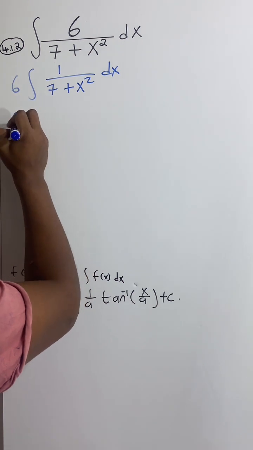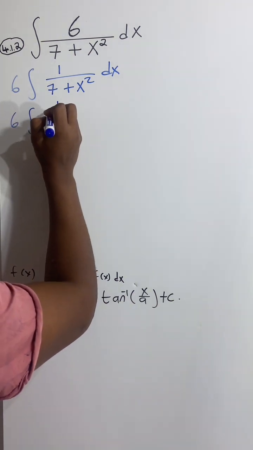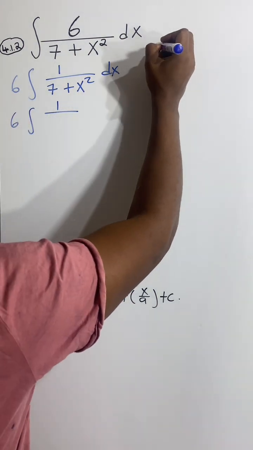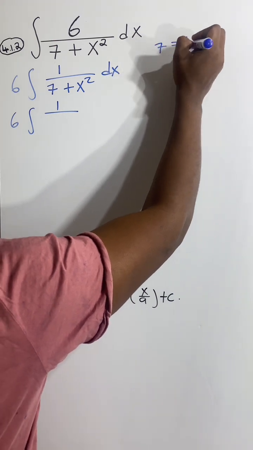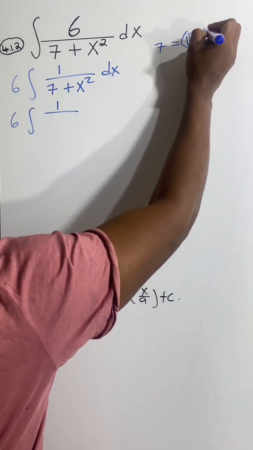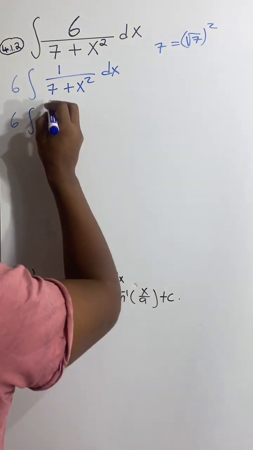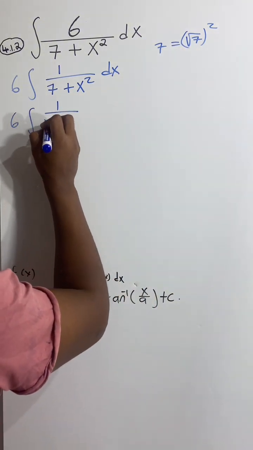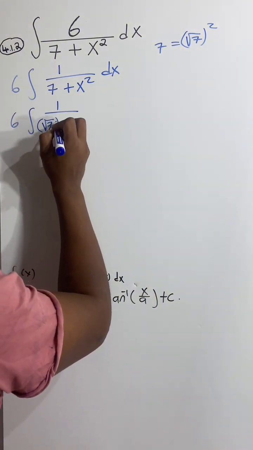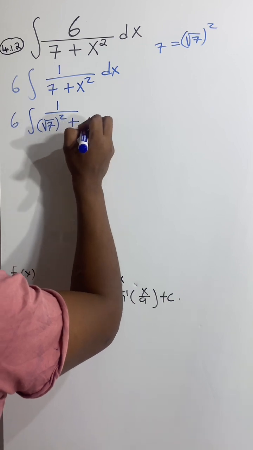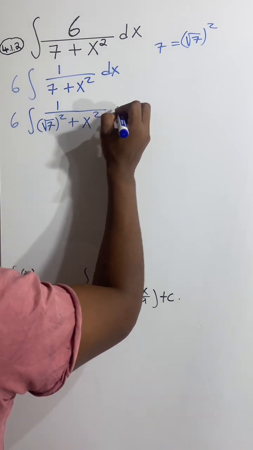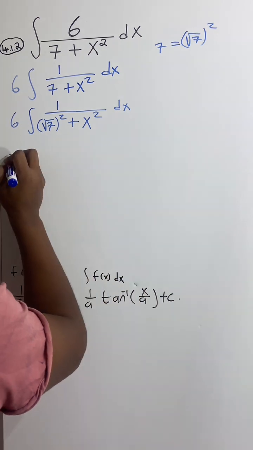We can express this integral as follows. We know that 7 is equal to the square root of 7 squared, so we'll express that 7 as the square root of 7 squared, plus x squared dx.